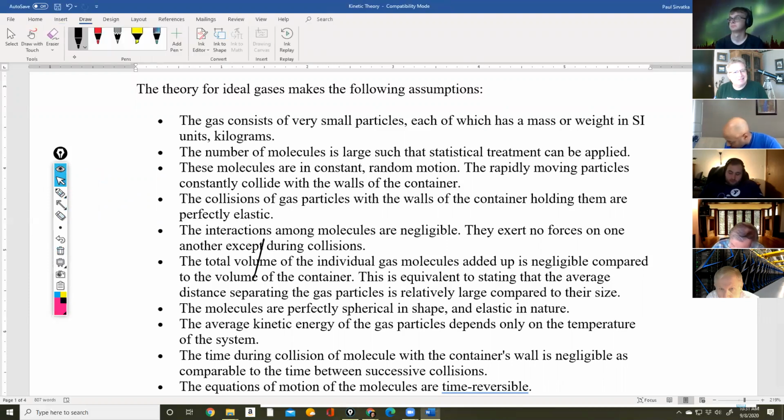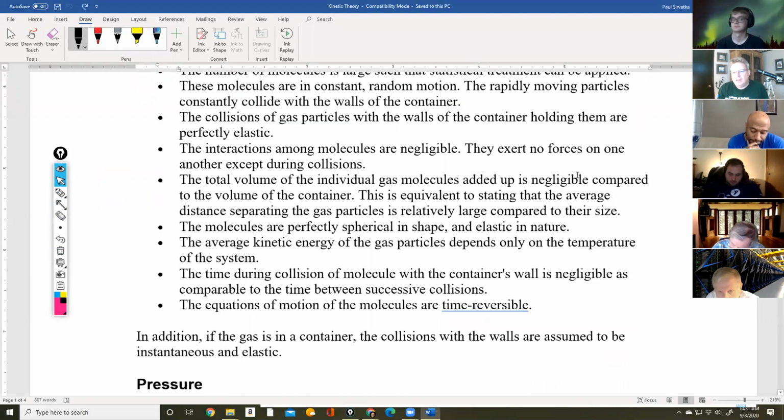Sorry. Molecules are negligible compared to the volume of the container. Molecules are spherical and elastic. Average kinetic energy depends only on the temperature of the system. So this is the first of the really important statements to do, is that the temperature is proportional to what?